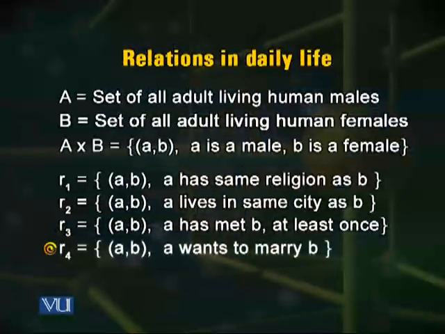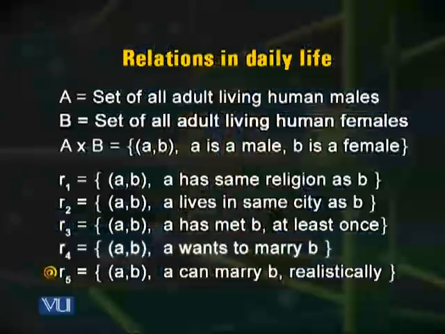Relation 4 is interesting. It says it contains all pairs of males and females such that the male wants to marry B. He is interested in B. For a certain male A, this subset of Cartesian product, this relation contains maybe a dozen or so females.